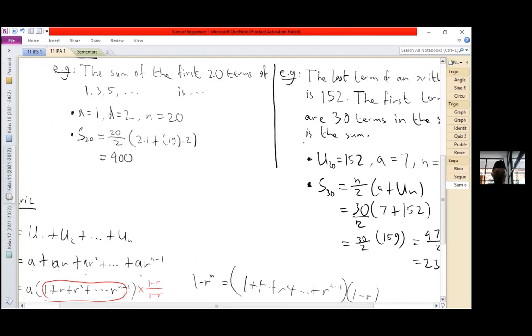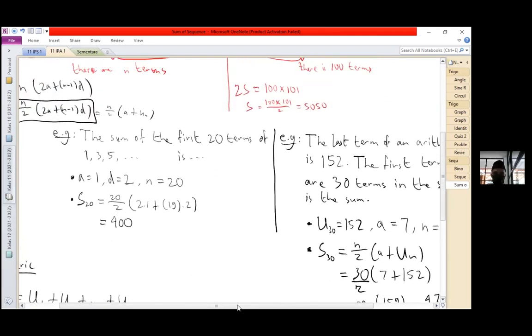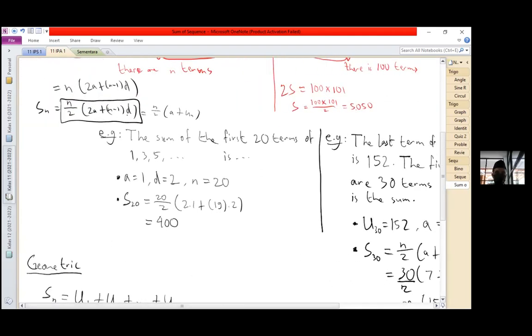Yeah, so that's why, just like I said before, we have these two formulas, and we use them. We use the formula, the one that we need, depending on what information we have.